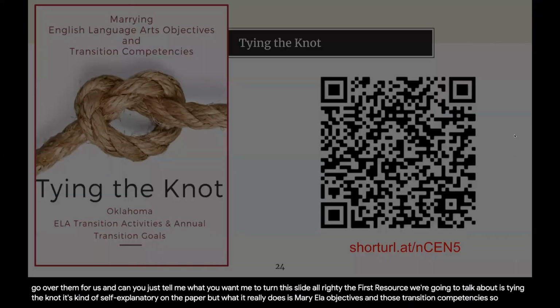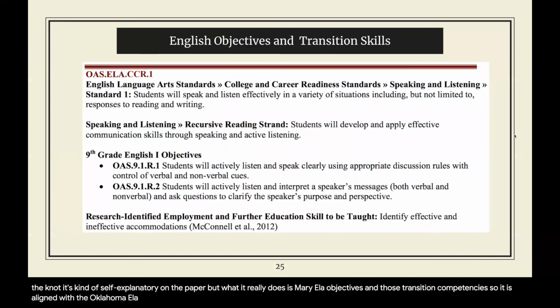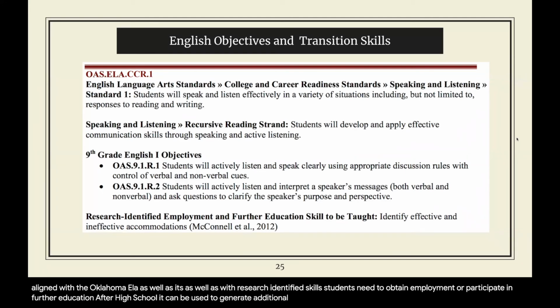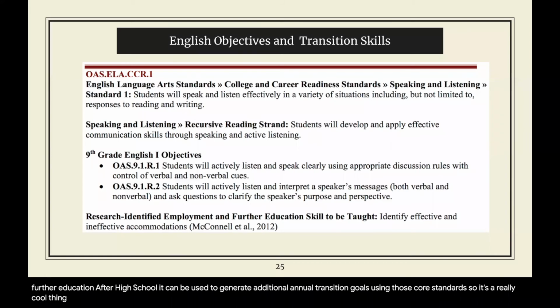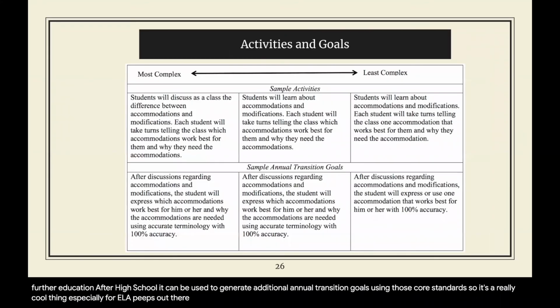So it is aligned with the Oklahoma ELA, as well as with research identified skills students need to obtain employment or participate in further education after high school. It can be used to generate additional annual transition goals using those core standards. So it's a really cool thing, especially for your ELA peeps out there, to use the resources it has.